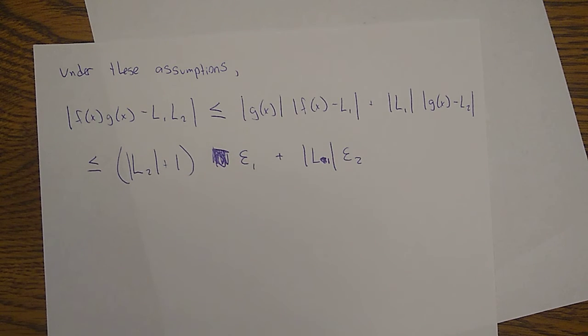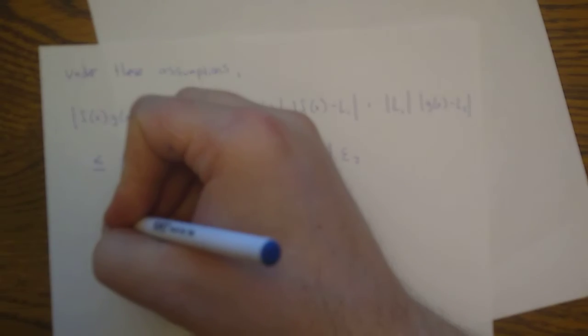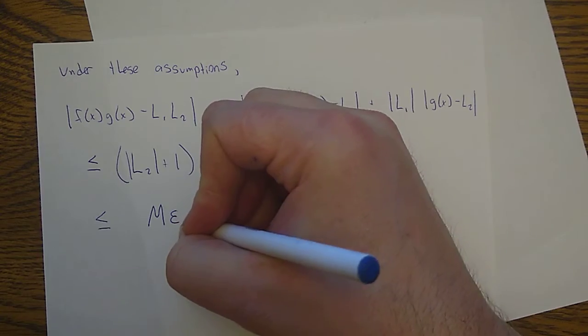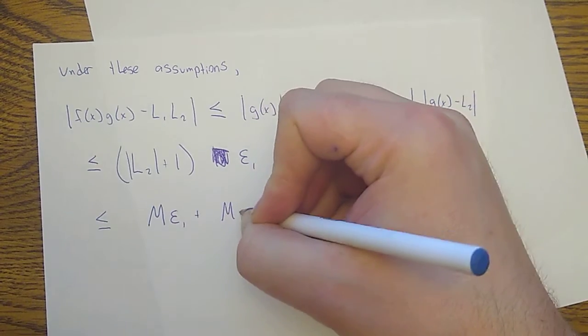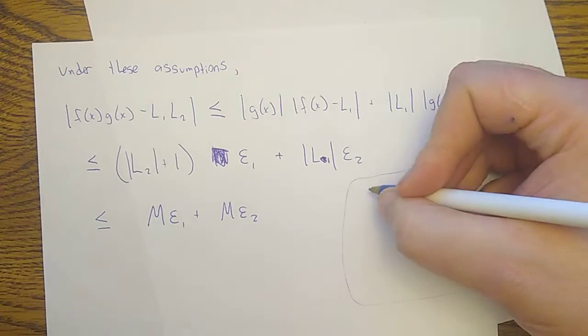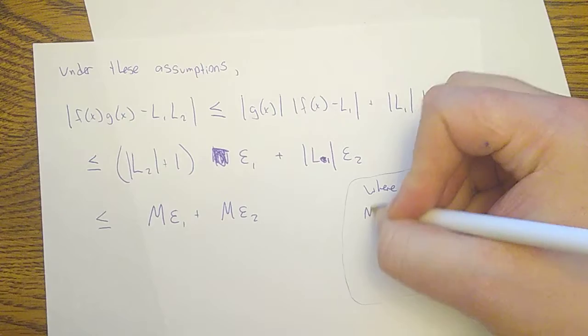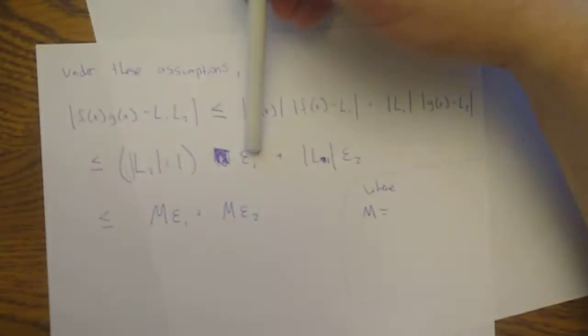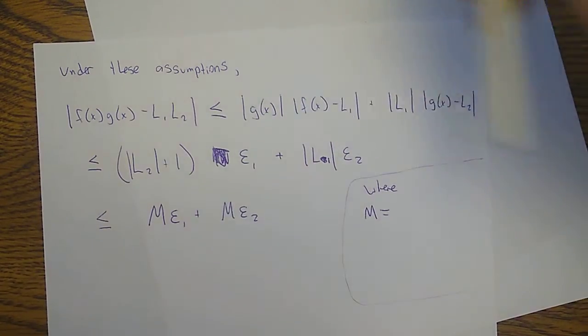And let me even say that this is less than or equal to, say, big M epsilon 1 plus big M epsilon 2, where M is just, I've got a number times epsilon 1 and another number times epsilon 2.